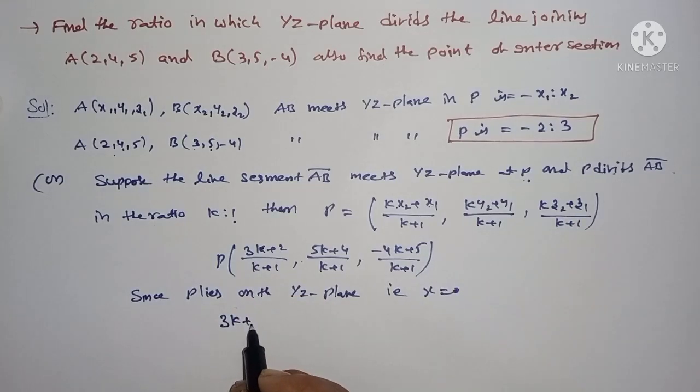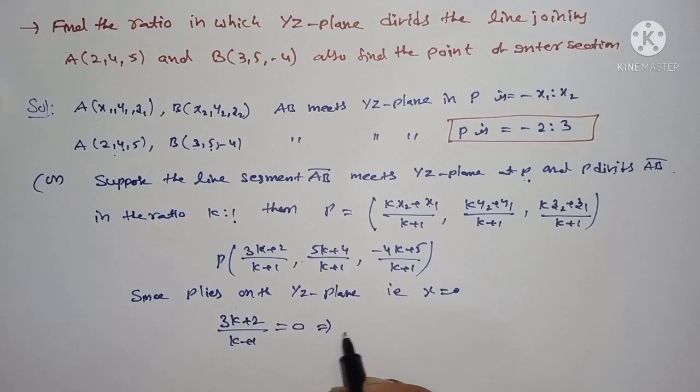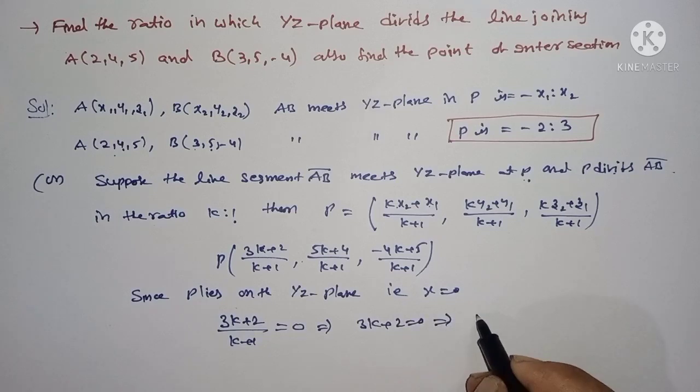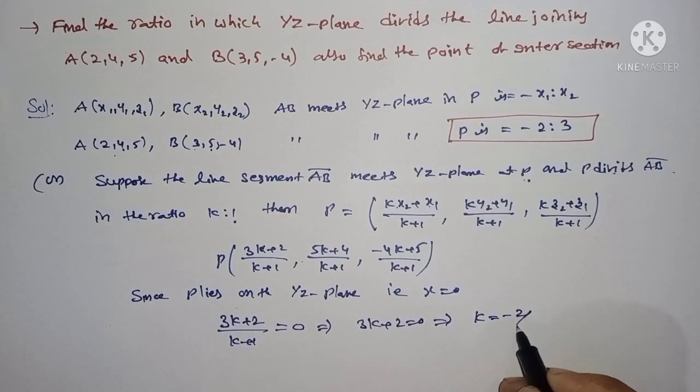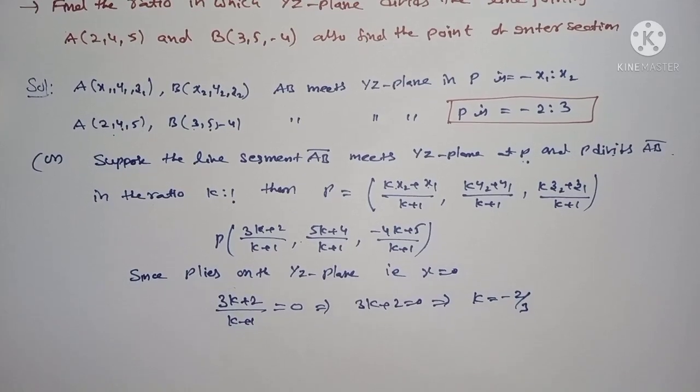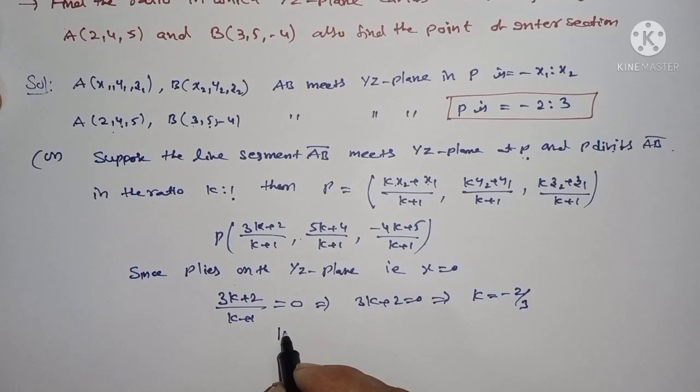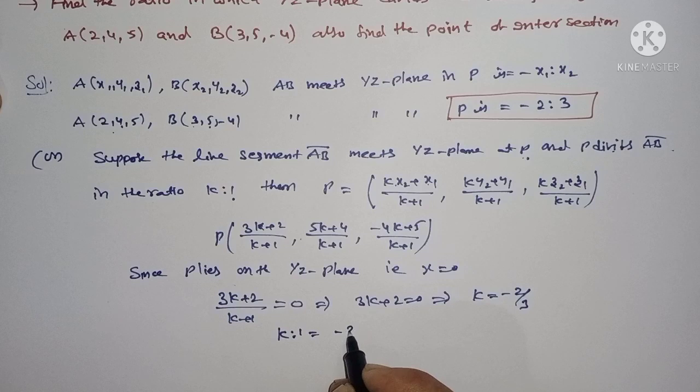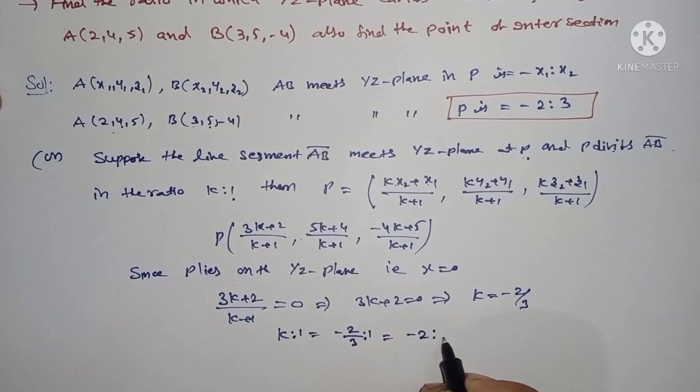So (3k + 2)/(k + 1) = 0, or 3k + 2 = 0, or k = −2/3. Therefore the ratio is k:1 = −2/3 : 1, or −2 is to 3.